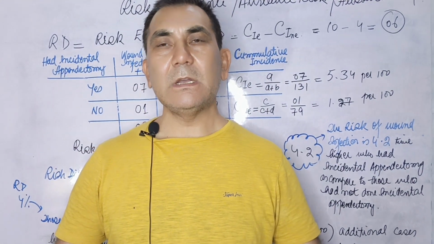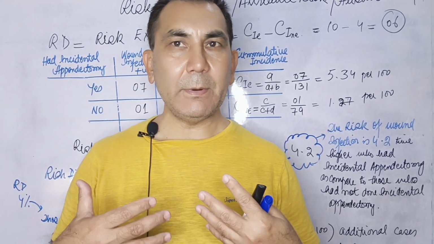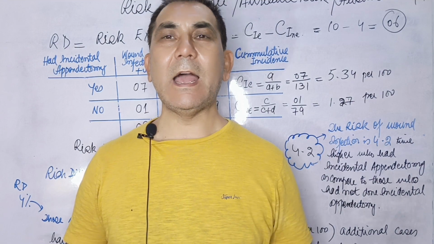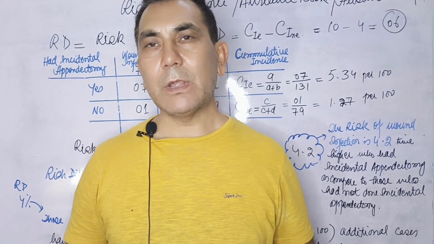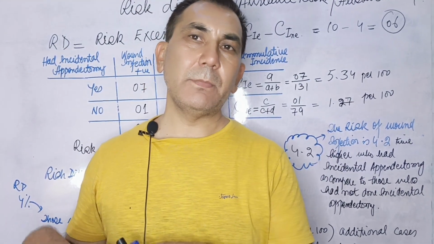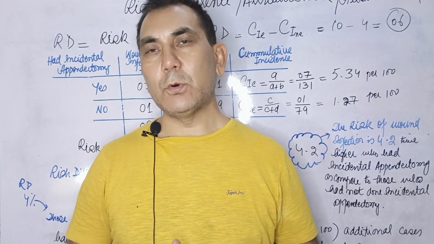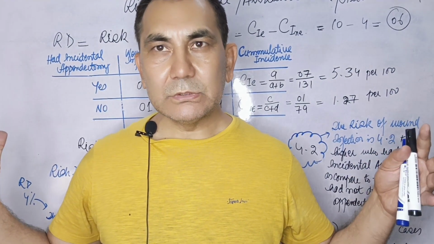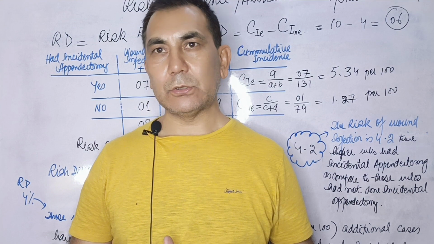It means the incidental appendectomy surgical procedures have a high risk of getting the wound infection as compared to if you will not expose or you will not do the incidental appendectomy.